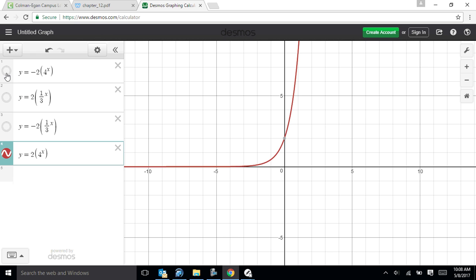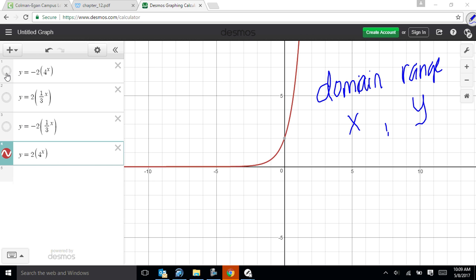Alright, so let's look at the last one I just did. So what would be the range for this one? So range is for which letter? All right, so domain and range. Domain goes with your x, range goes with your y, in alphabetical order. So domain goes with our x.